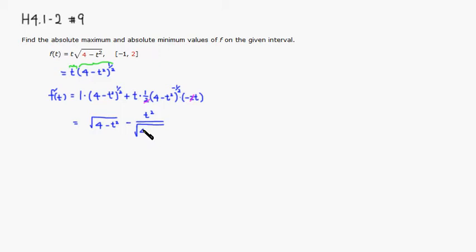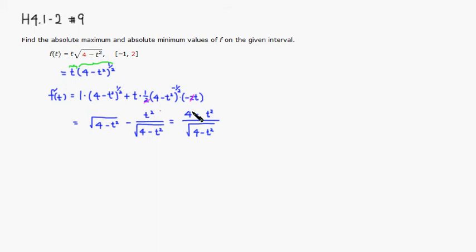Then you have 4 minus t squared, right? And now take the common denominator, which is square root of 4 minus t squared. So you multiply square root of 4 minus t squared by itself, so you're going to get 4 minus t squared.